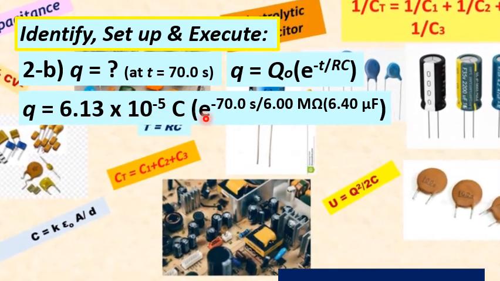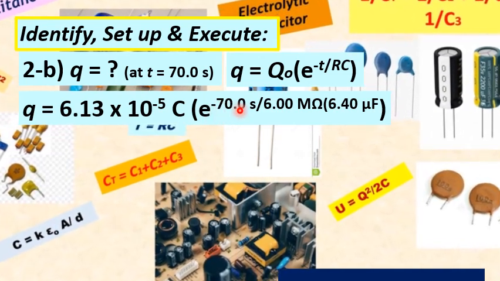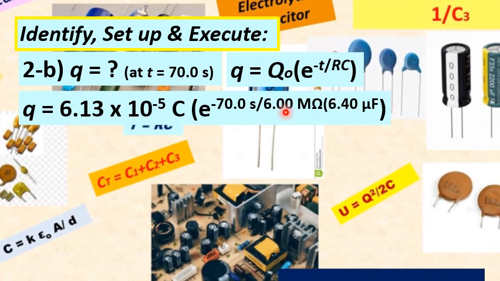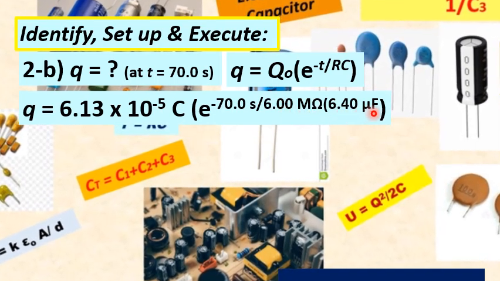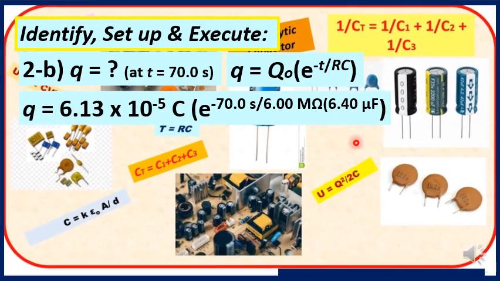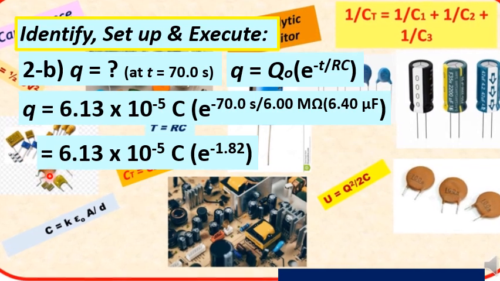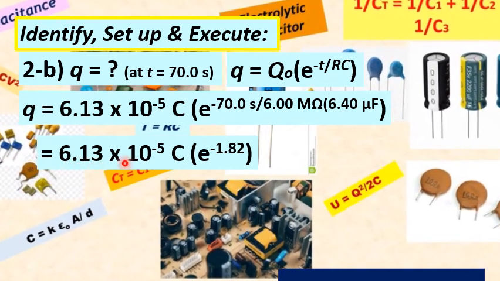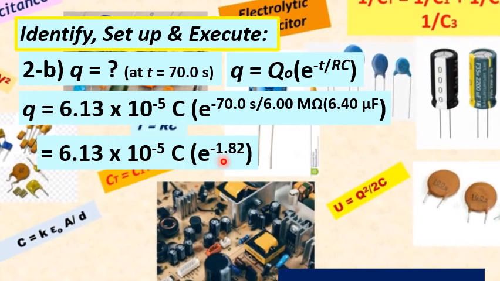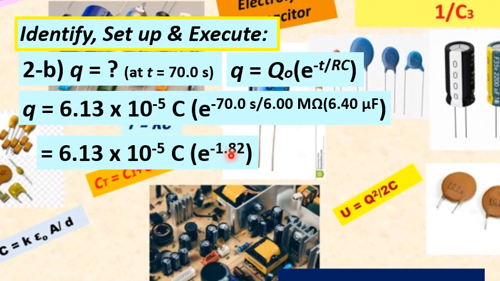So that's to be multiplied by Euler's number raised to the power negative 70.0 seconds over 6.00 mega ohm times 6.40 microfarad. So doing your math, we find the charge small letter q equal to 6.13 times 10 to the negative 5 coulomb times Euler's number raised to the power negative 1.82.